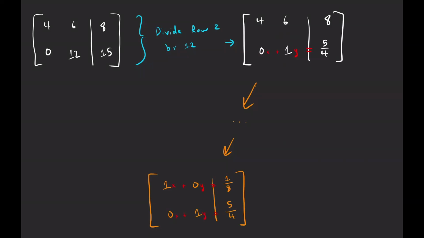And right here, I think this is pretty clear. We have x equals 1/8, y equals 5/4. This is awesome. That's great. So very simple problem, but we're just showing a different notation for doing it, right?